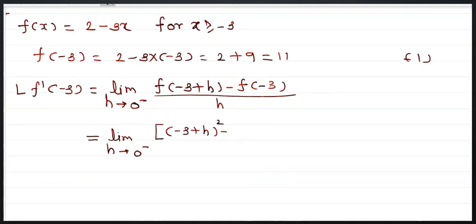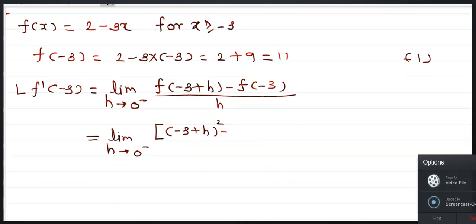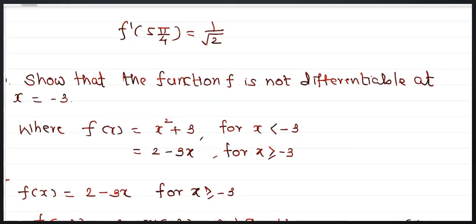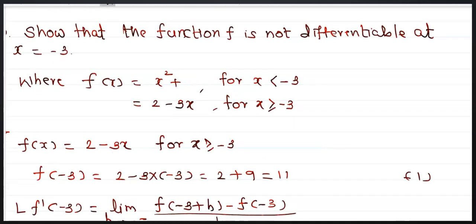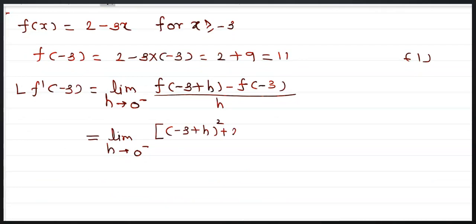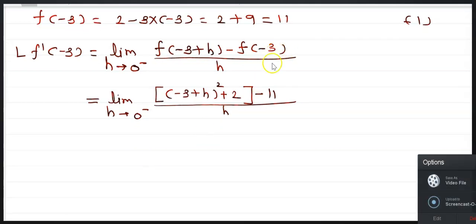For the left hand side limit we take the function x square plus 2. This is the function. And the value of f of minus 3 is 11. Therefore, limit h tends to 0, in square bracket minus 3 plus h bracket square plus 2 minus 11 upon h.